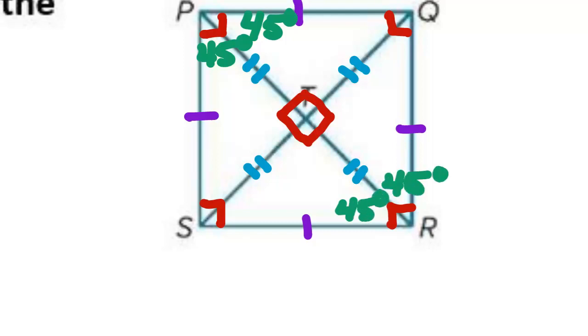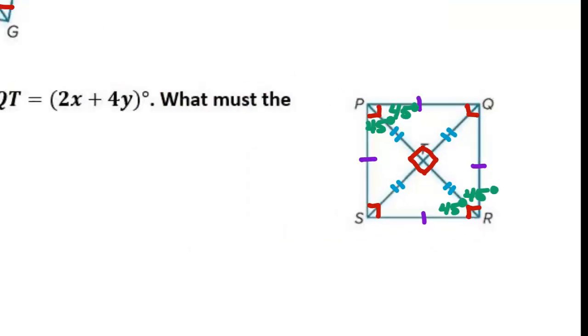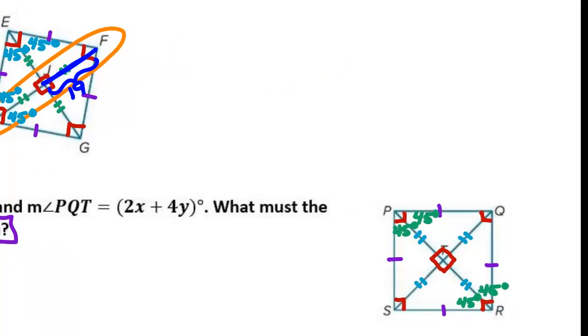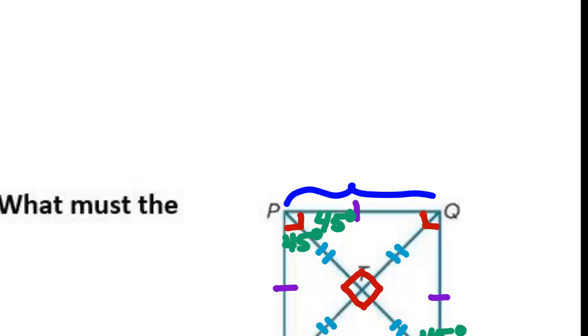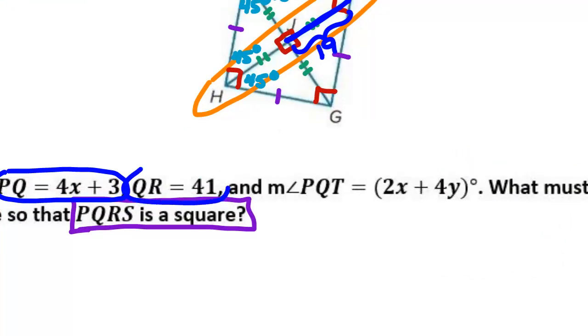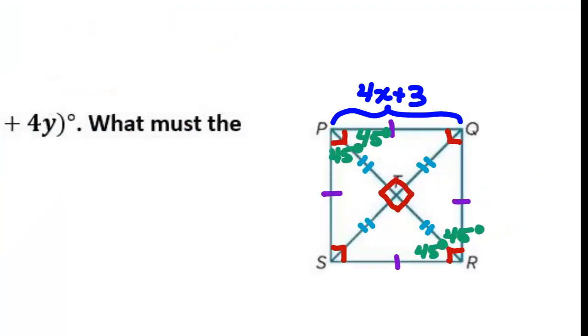I could write it on all of them, but I'm afraid I'm going to have way too much going on here. All right, it says that PQ is 4x plus 3, so across the top, 4x plus 3. QR is 41. That's the right-hand side.